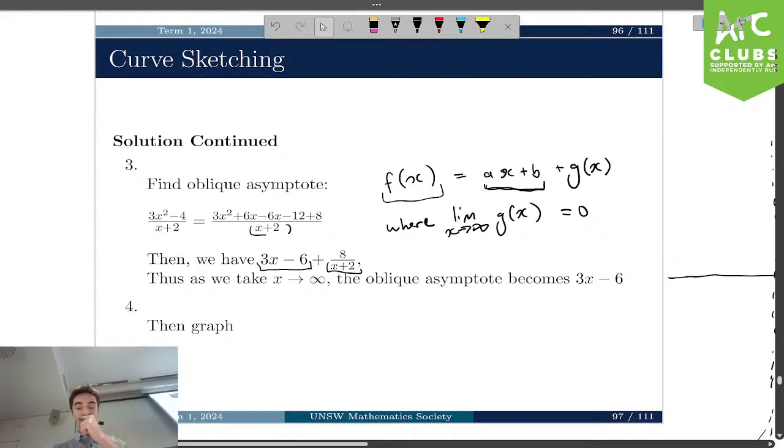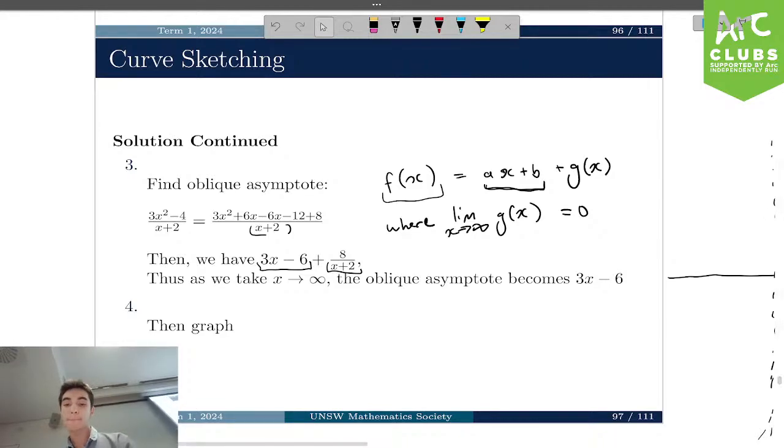Okay. So yeah. So what we're doing here is we're just trying to break this down into multiples of x plus 2, right? Because we're trying to factor out x plus 2 from that top expression, okay?